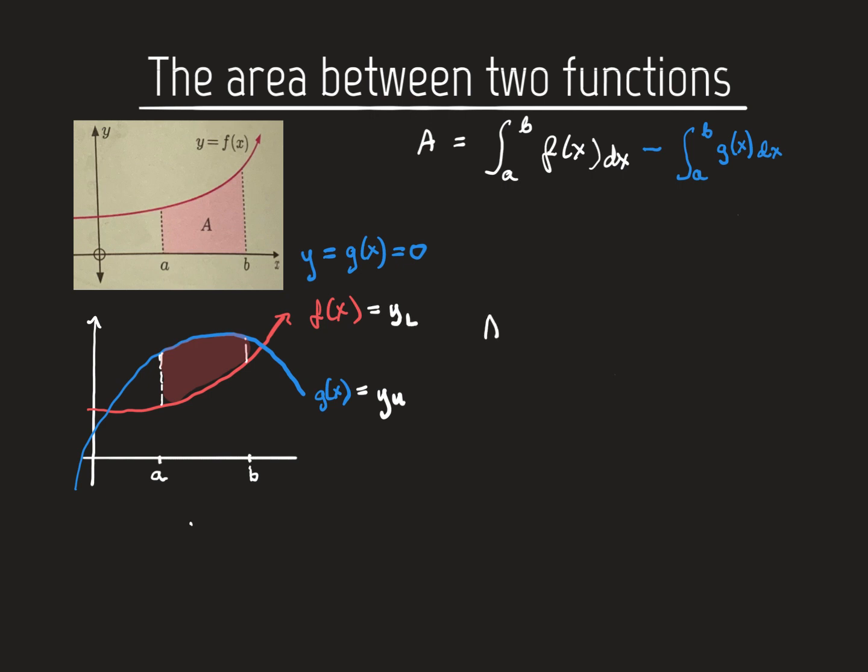And so our area will now be from a to b, the upper function, take away the lower function, in brackets, dx, which just translates to the integral from a to b of g(x), take away the f(x) function in brackets.